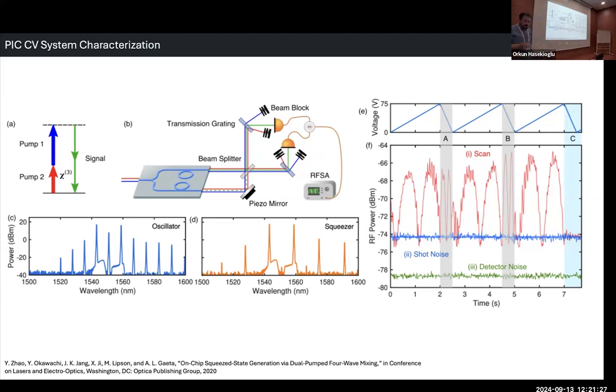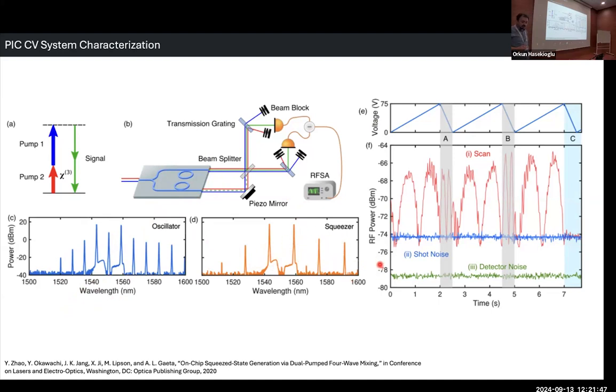For example, from this source, we see the modes created from these oscillators. Here in the squeezed output, we see only some of them are created, because the laser is filtered out and cannot be used for the system.